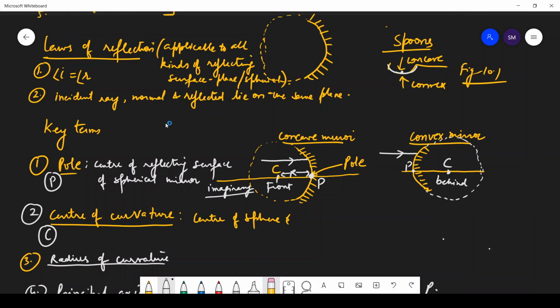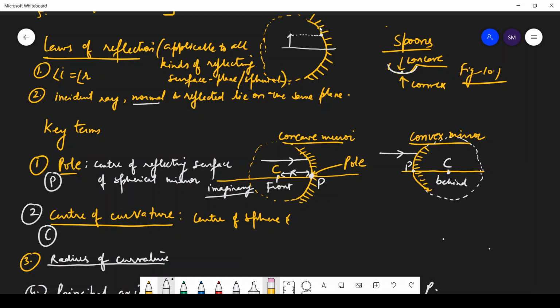So you need to draw the normal. How are you going to draw the normal? Suppose here I have this light ray and light is going to strike at this point. Now how will you draw normal at this point?